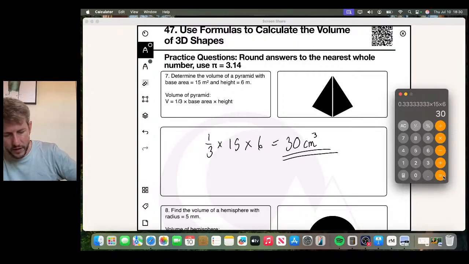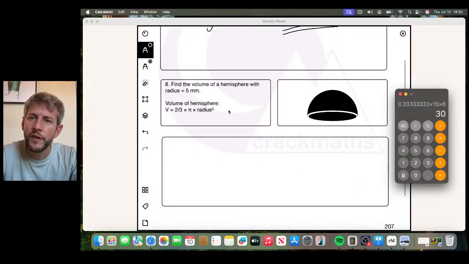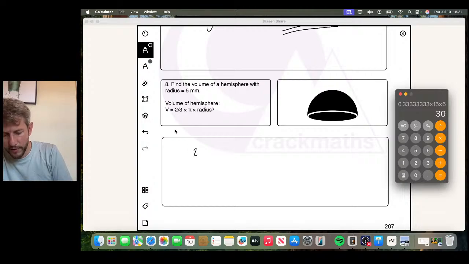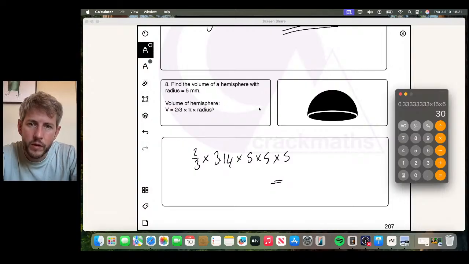Right, okay. Question 8. Find the volume of a hemisphere with radius 5 millimeters. So here we go. The volume of the hemisphere is given by 2 over 3 times 3.14 times the radius cubed. So that's 5 times 5 times 5. Okay, and we can work out what this is. So 2 over 3 is 2 divided by 3.